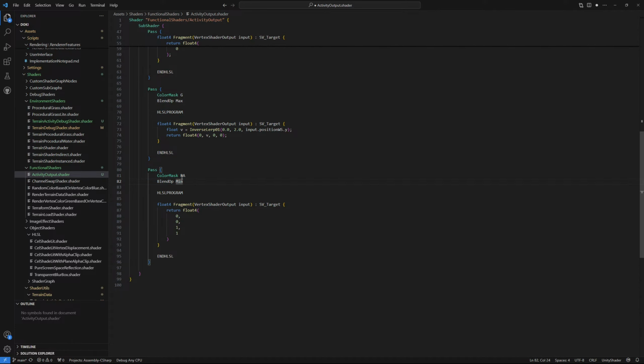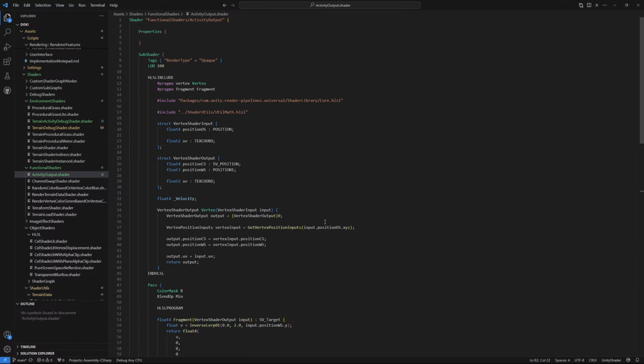Color mask B and A. We don't care about blend op min here. I think here we just want to do blend with 1 0. Can we do it like that?